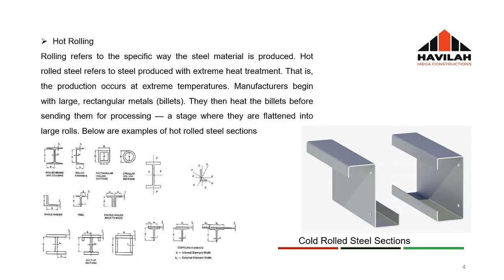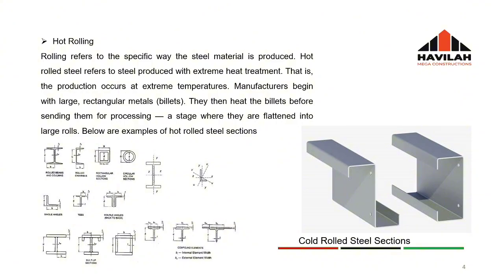So we have large rectangular metals which we refer to as billets. When the billets are heated, they are sent for processing, and at that stage they are flattened into shapes, into large rolls.